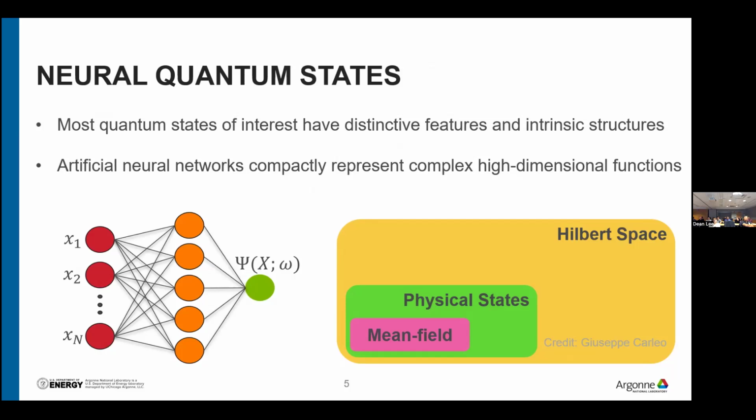And somehow the artificial neural networks, because they're so good at representing these complex functions, hone in just on that region. This little picture here is just representative of what's happening. We're passing in the spins and the positions and getting out a wave function. This is not really what the architecture we use looks like at all.